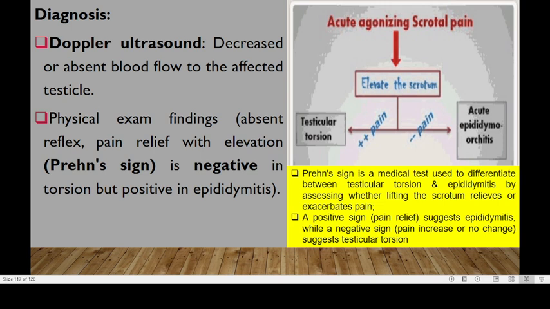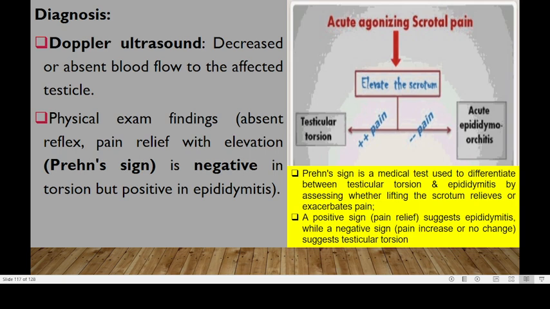Notice in my diagram that I have tried to look at what we refer to as Prehn sign in this condition. So in Prehn sign, when someone is having an acute agonizing scrotal pain, you're supposed to attempt to elevate the testis. If you elevate the testis and the pain is worse, there's more pain, you suspect there is testicular torsion.